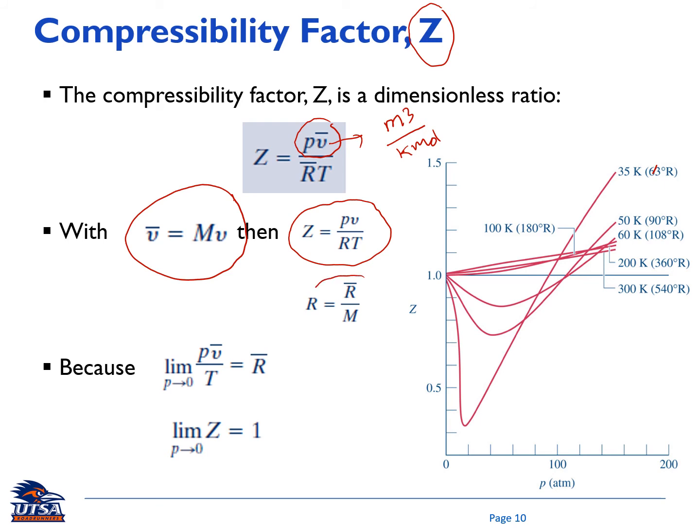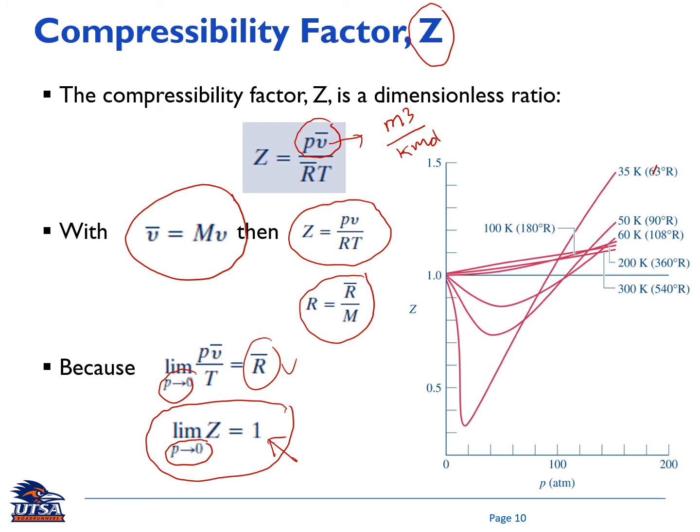This is because R equals R over bar divided by molecular weight. And from the previous slide, the limit of P times v divided by T as the pressure approaches 0 equals R. So I can also write that for pressure approaching 0, the limit of Z equals 1.